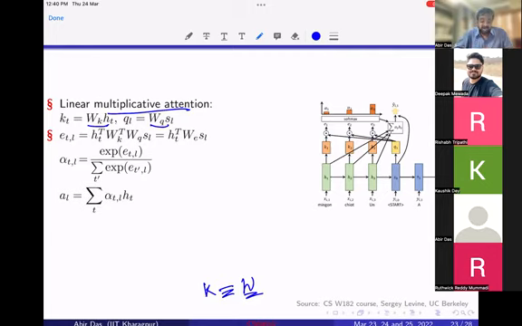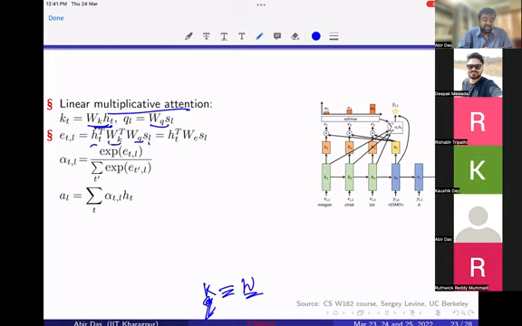So the functions K and Q are linear functions. What is ETL? You just take the dot product between these two. So it is (WK HT) whole transpose into WQ SL, which is HT transpose WK transpose WQ SL.